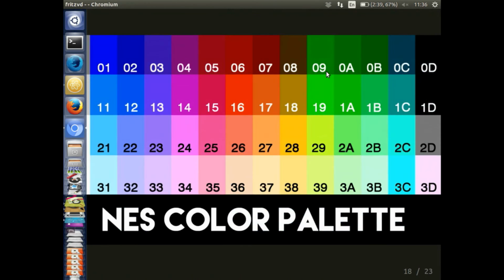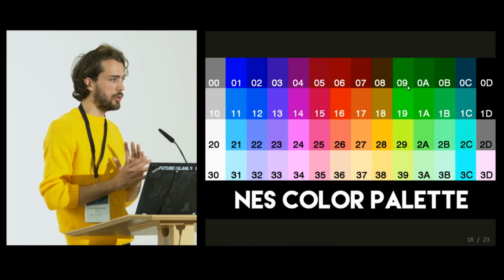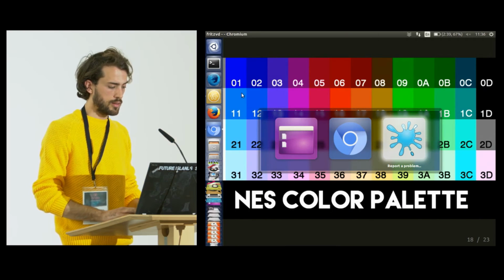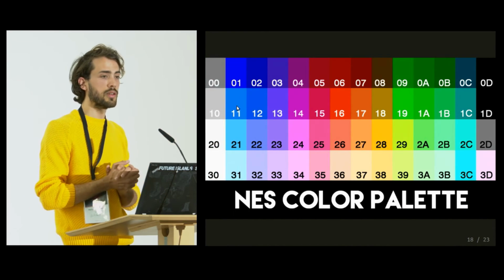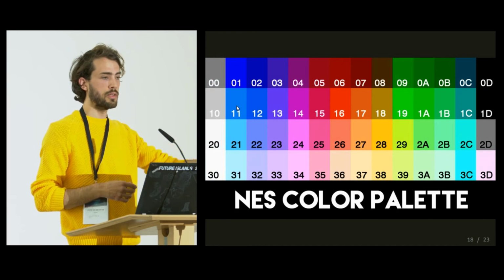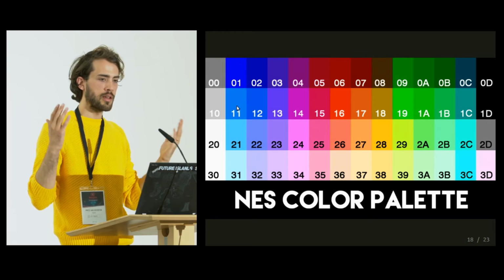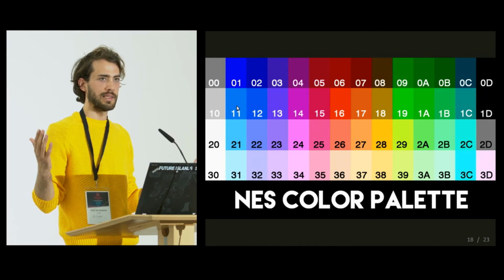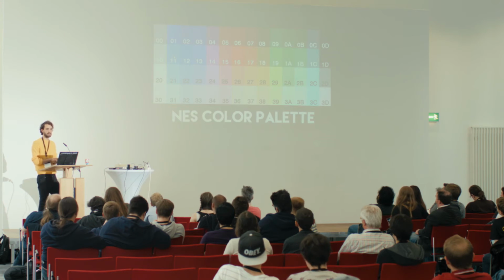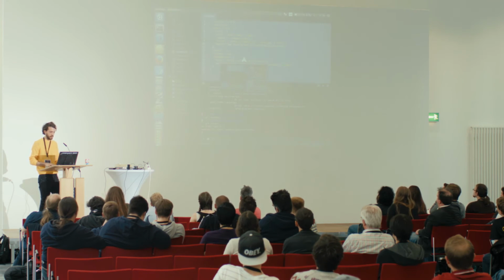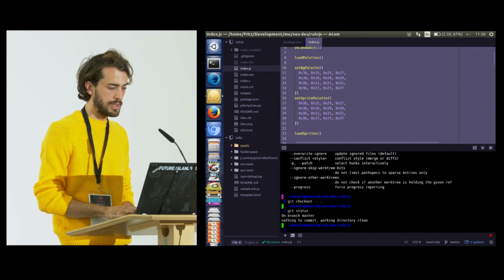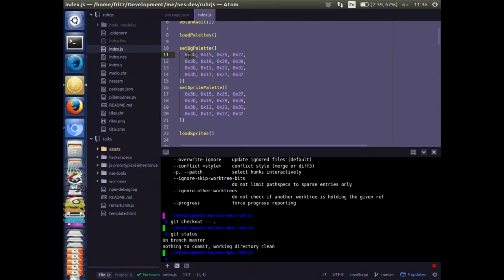Okay, so the first demo, I showed you the ROM I made for the cartridge. I made something similar, and now I want you to pick a color. So pick a color from the NES palette, please, someone. 2A. That sounds like a great idea. Okay, we're going to change all of the palettes to 2A, and I'm going to run the compiler, and you'll see that it will have changed.